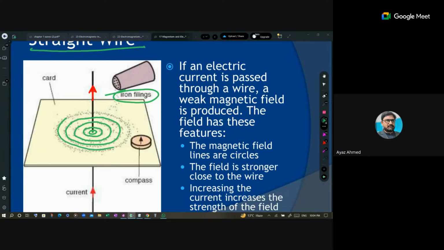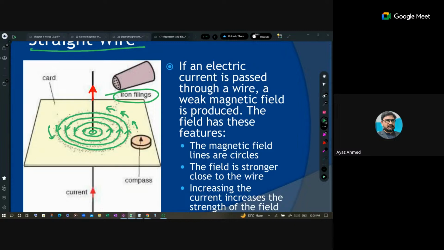Okay, are you getting it? Now, after that, we placed a magnetic compass, and we came to know that the magnetic field lines are actually this way. The magnetic needle would be pointing this way, and this way, and this way, and so on.